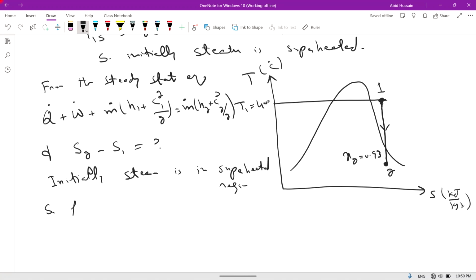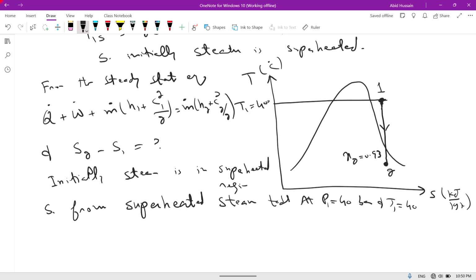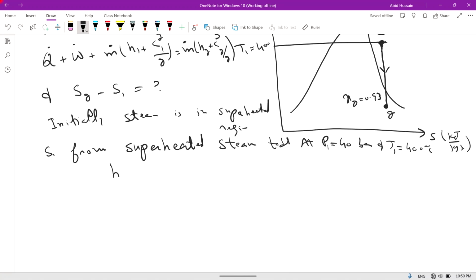From the superheated steam table, at pressure 40 bar and temperature 400 degrees centigrade, H1 is equal to 3214 kilojoule per kg and S1 is equal to 6.769 kilojoule per kilogram per Kelvin.